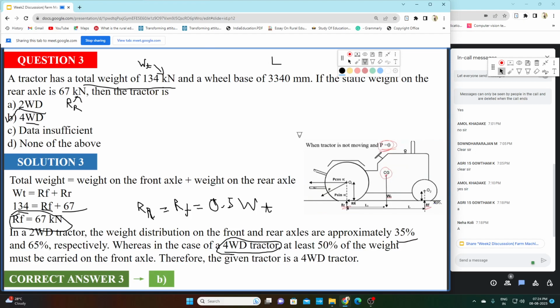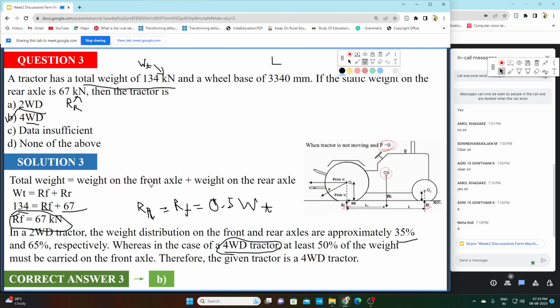Is this question clear? Any doubt? Kindly please ask. Sir, tell me two-wheel drive tractor. Yeah, two-wheel drive tractor.